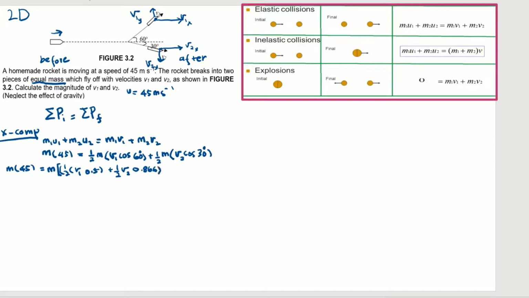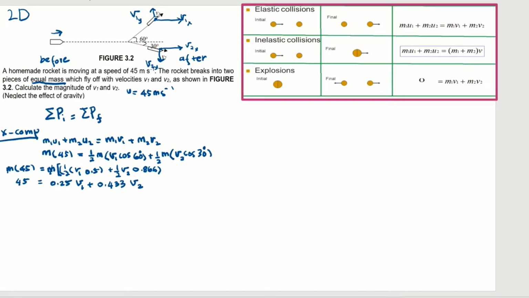After that you can cancel out the m, so you get 45 equals 0.25 v1 plus, simplifying 0.866 divided by 2, 0.433 v2.